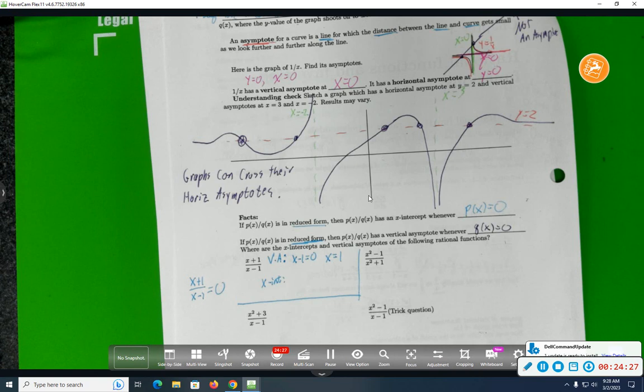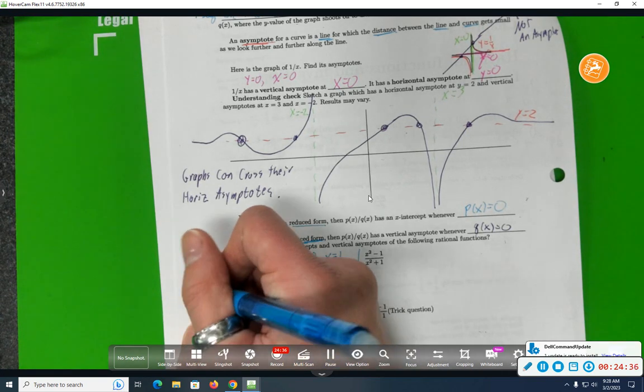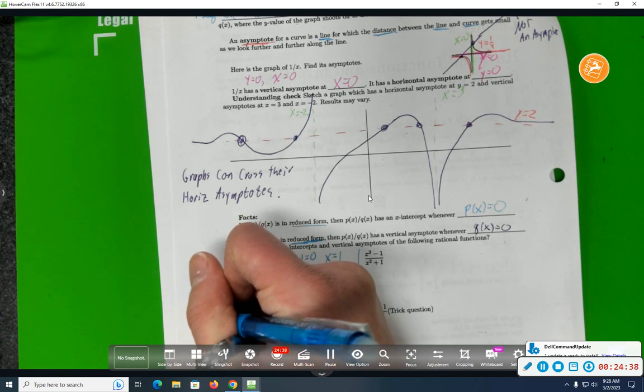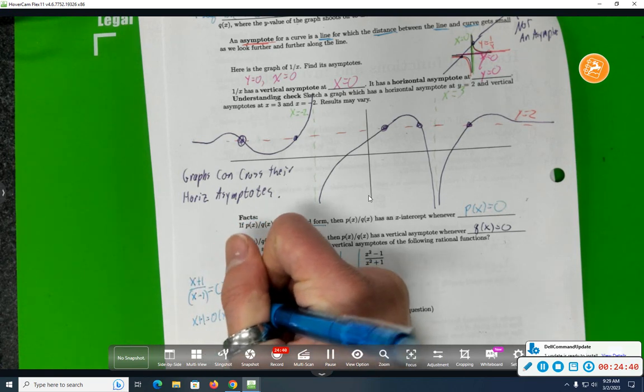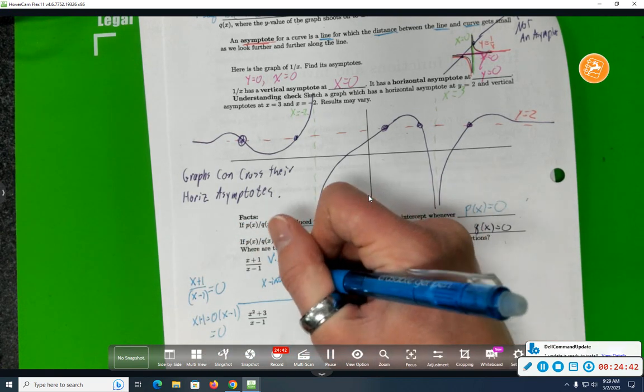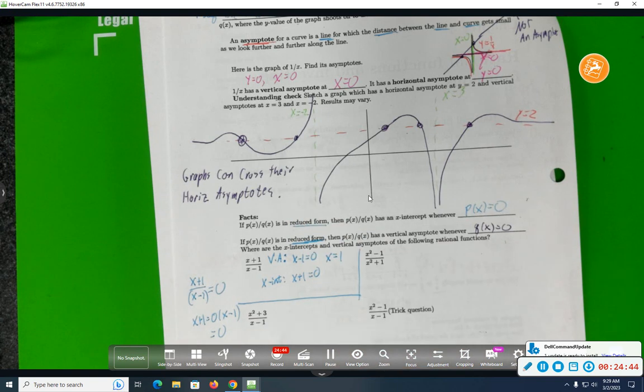If you wanted to solve that for x, what seems like a reasonable thing to do? Yeah, just set the numerator to 0. From this point of view, that would mean multiplying both sides by the denominator. But that's just 0. So that's why to find the x-intercepts, you just set the numerator equal to 0. When is x plus 1 equal 0? Excellent.